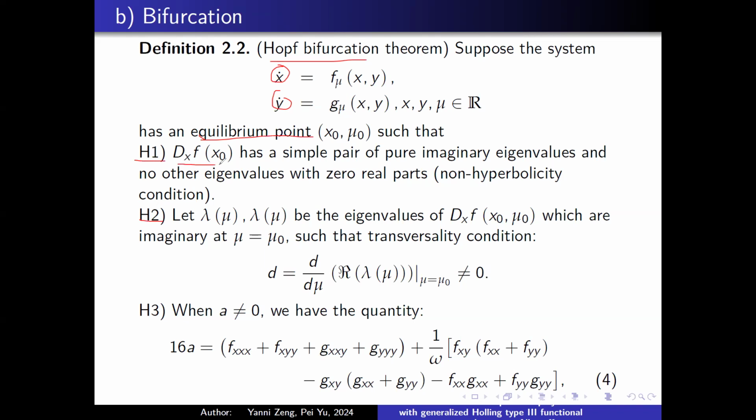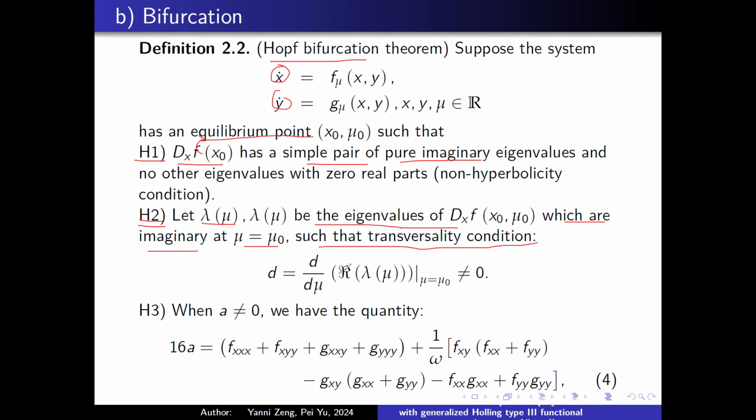The first one is that the derivative with respect to x has a simple pair of purely imaginary eigenvalues and no other eigenvalue with zero real part. The second condition is that the eigenvalue, which is purely imaginary at the point, must satisfy the transversality condition.